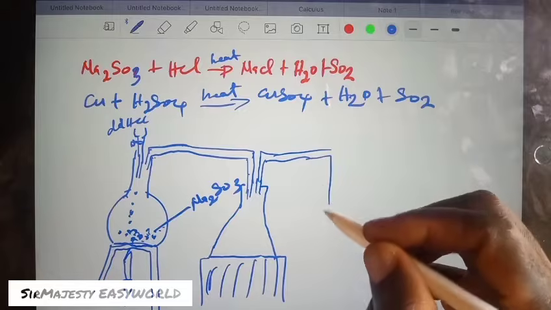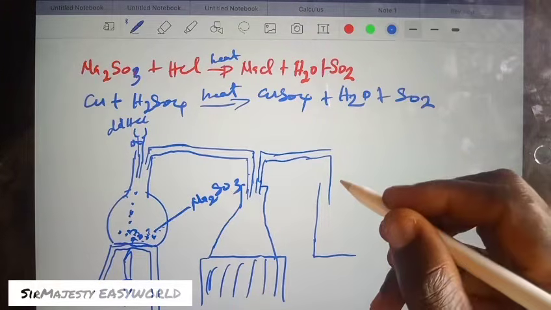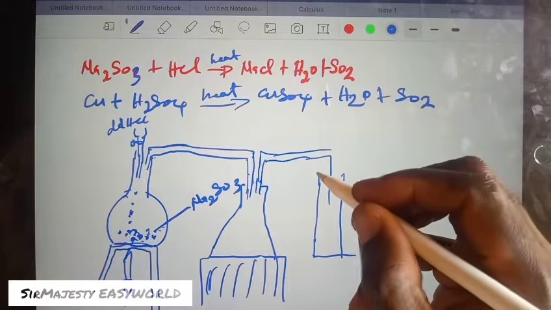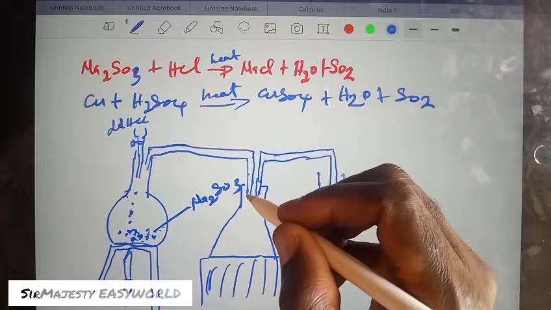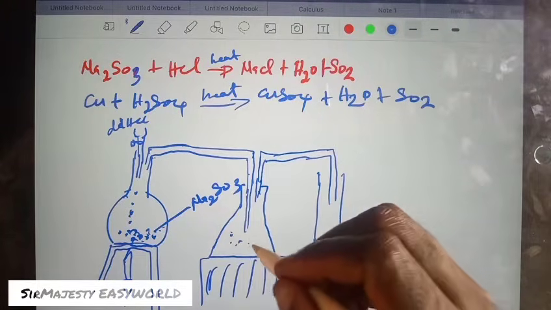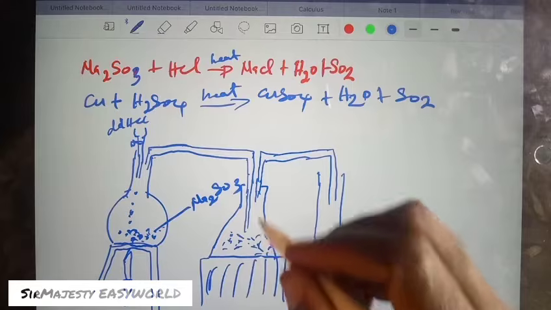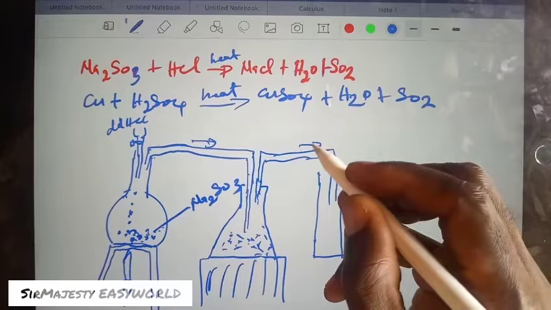Then over here you show your gas jar, where the dry gas is collected. For the one that goes in, it goes down, then show them what is here, and your arrow for the movement. Gas moves this way.